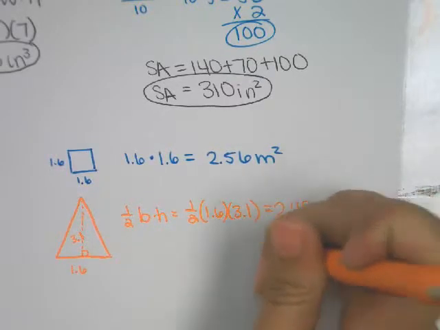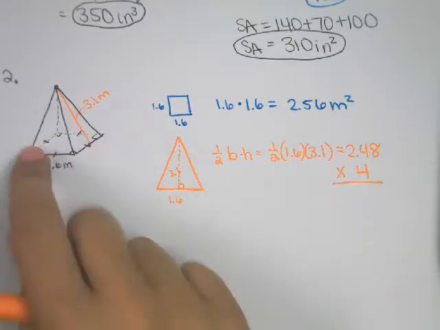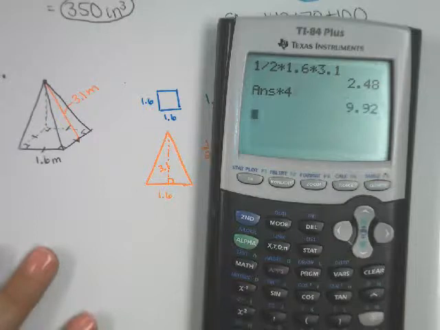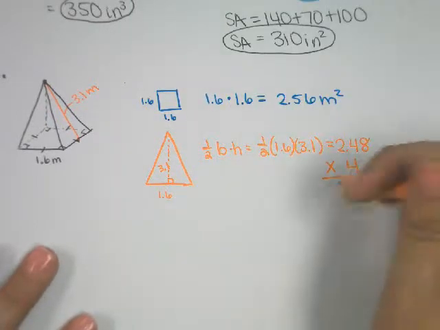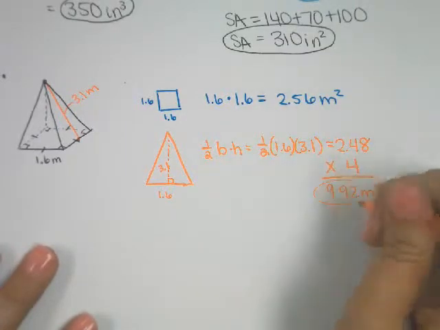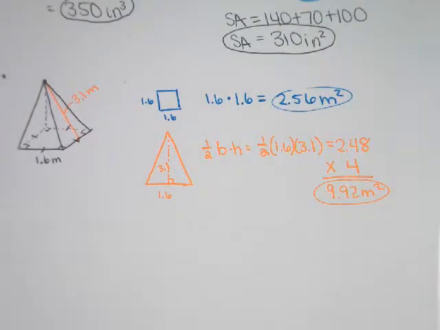And we have 4 of them. Multiplying by 4 accounts for the fact that we have 1, 2, 3, 4 of those going around. Times 4, 9.92. These together create the surface area of the entire shape. It covers the area of every face.